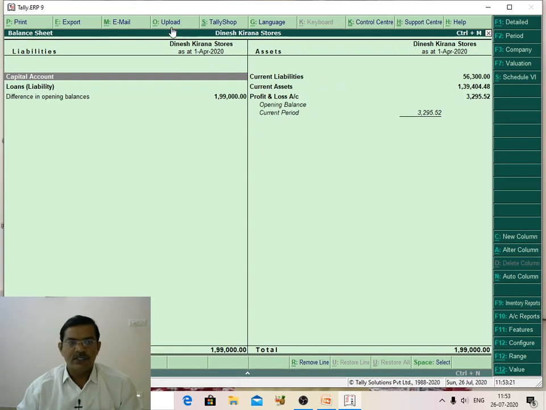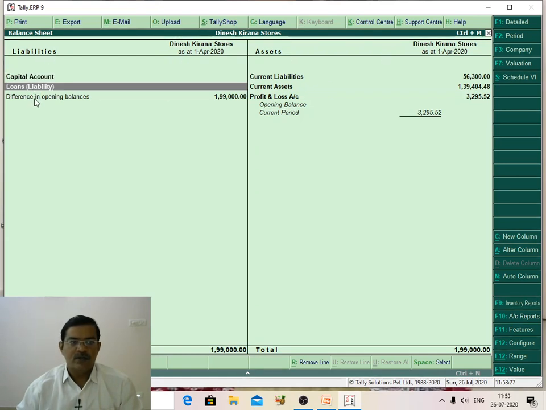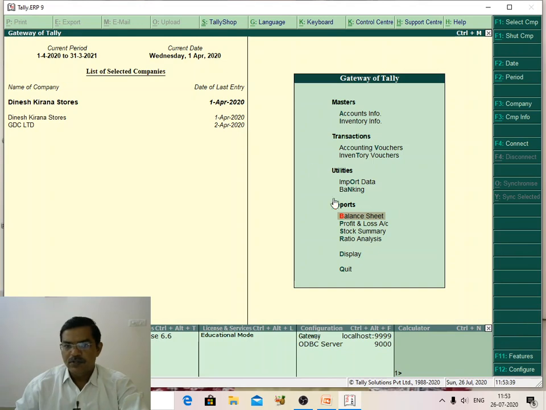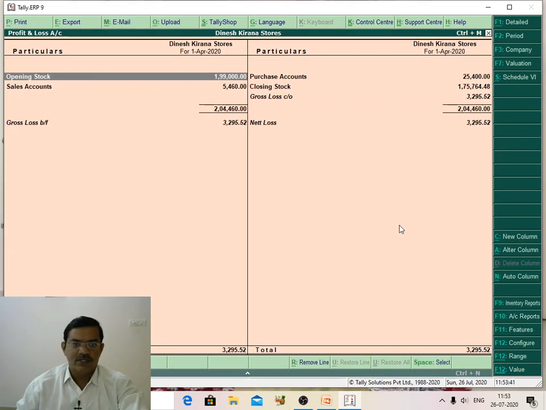The company name is Dinesh Kirana Store. If you press liabilities, you can get the opening balances. If you want to check the profit and loss account, we can see that too.